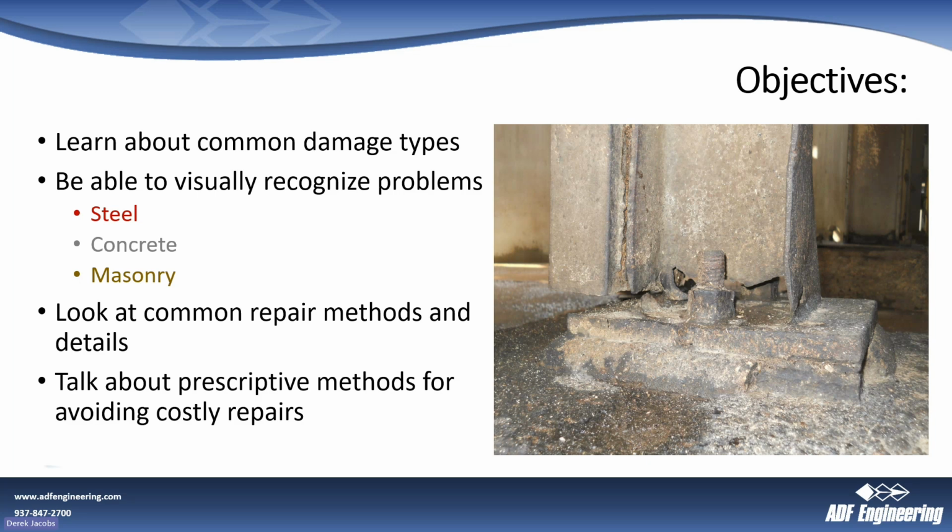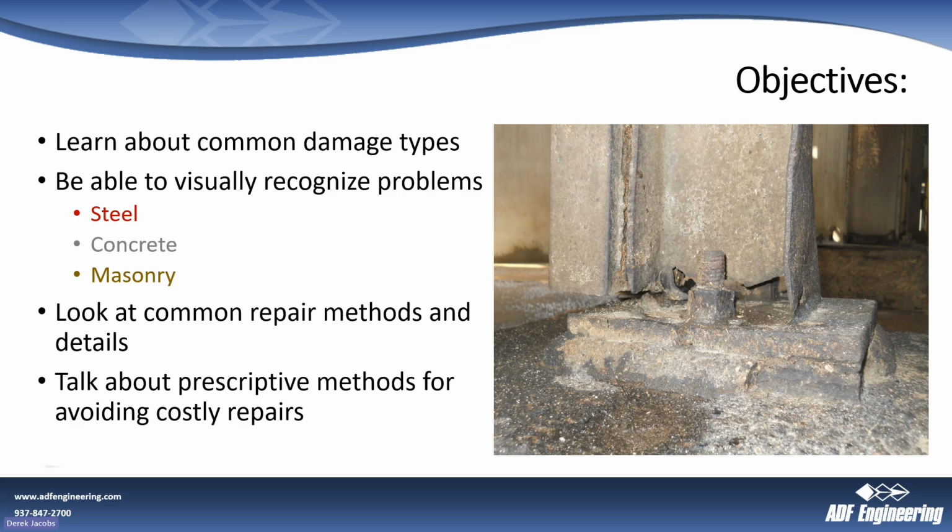We're going to learn about different types of damage and repair, and what those repairs would need. We'll go one by one through what is the most common to maybe least common types of issues that we find when we walk a site as a structural engineer, and what the associated repairs are.